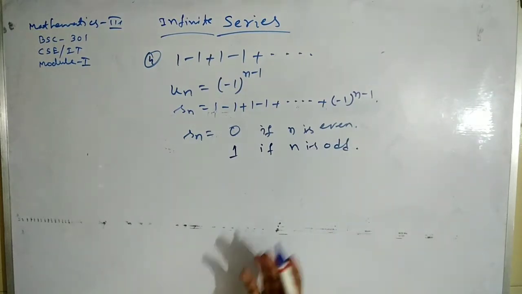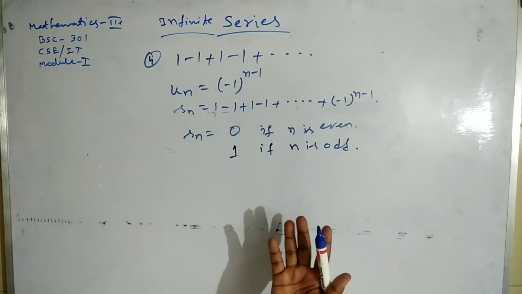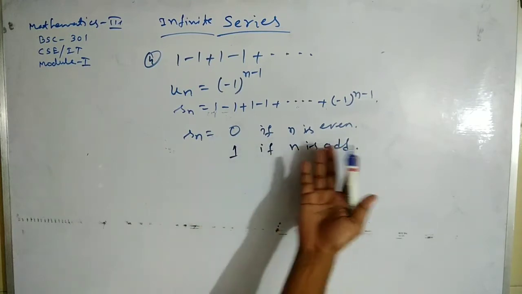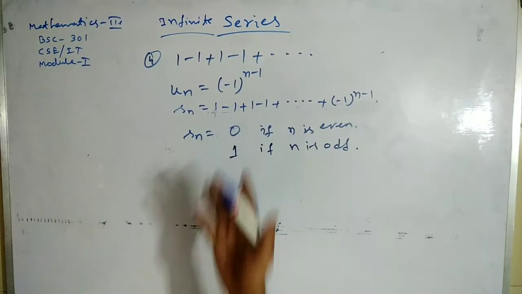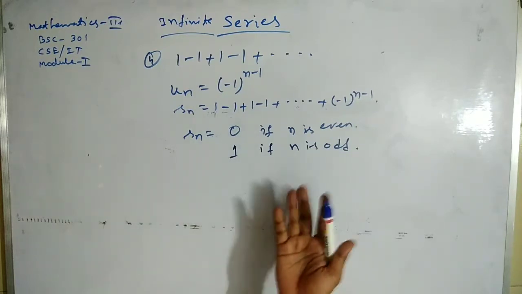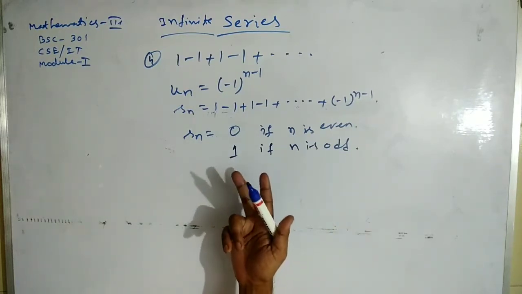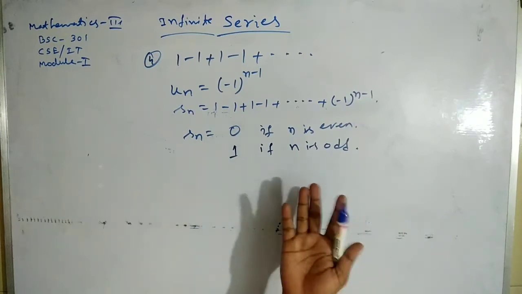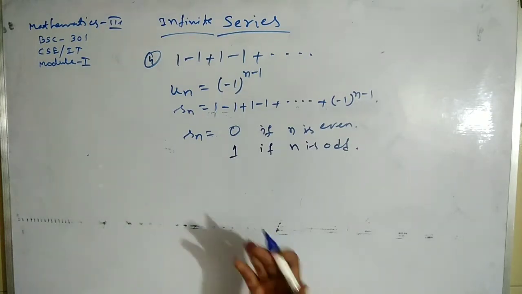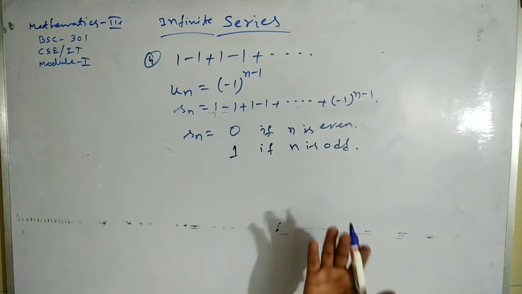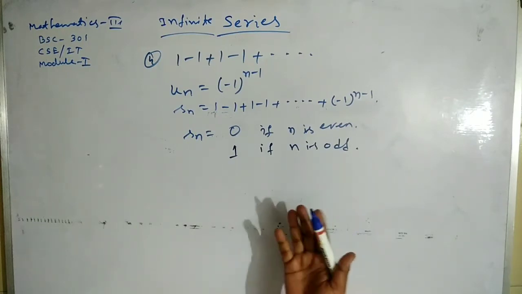Okay, so it is clear from this sum. If n is even, then all the plus 1 minus 1 will cancel out, and the sum will be 0. And if n is odd, then the one single 1 will remain, and that will be the sum. So here we are getting two different results of this summation depending upon the nature of n.